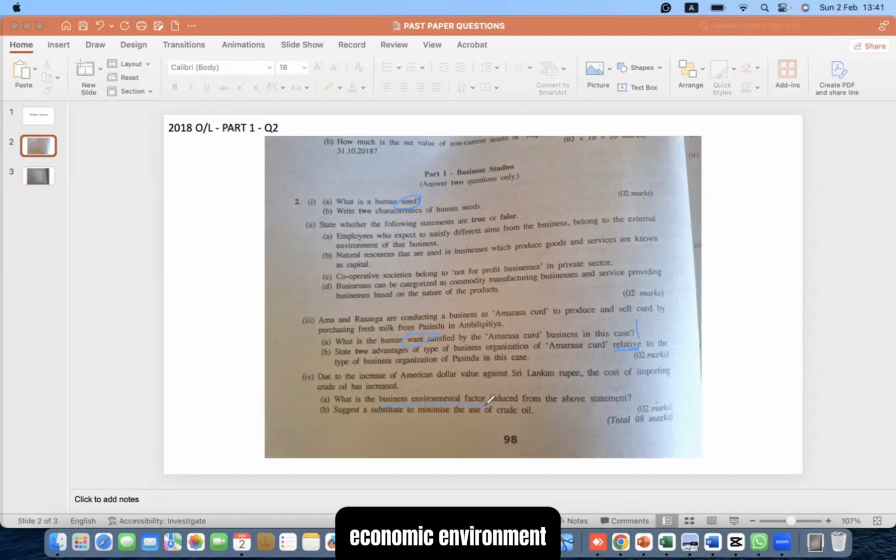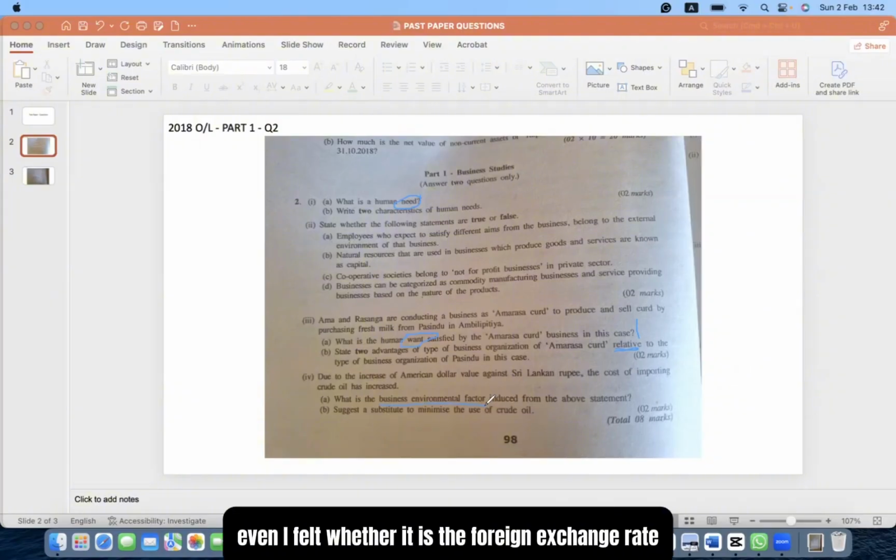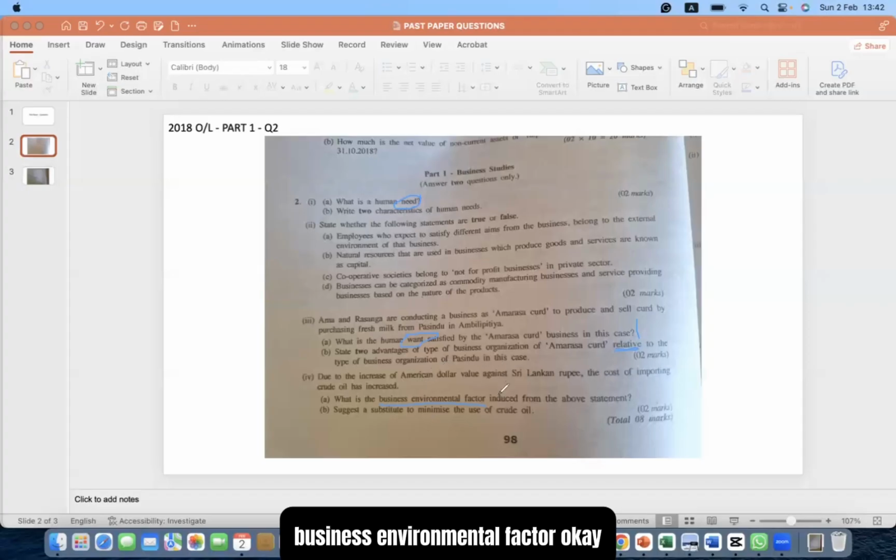Economic environment එකට තමයි මේක අයිති වෙන්නේ. Okay. Then suggest a substitute. Now the foreign exchange rate is a wrong answer. Anyway, even I felt whether it is the foreign exchange rate, but they're asking for this particular thing. Okay, business environmental factor. Okay, then it is economic environment.